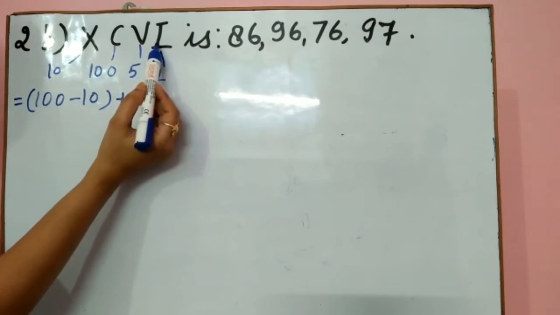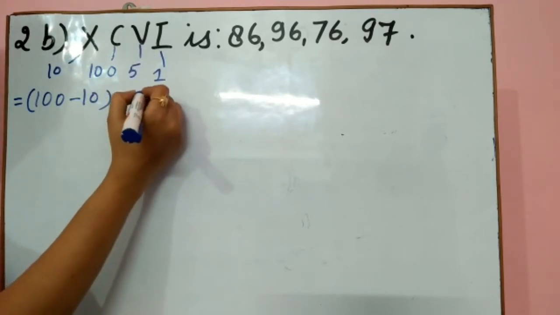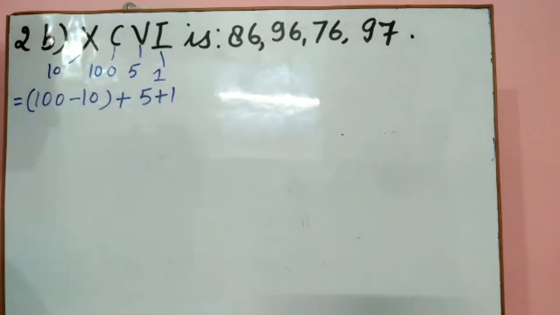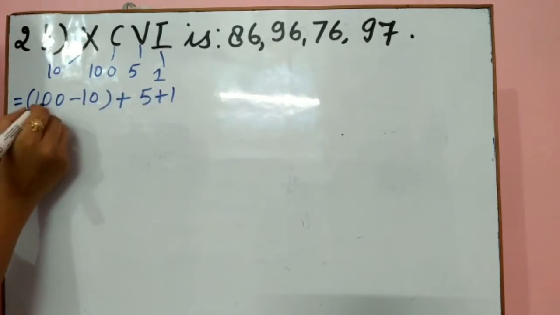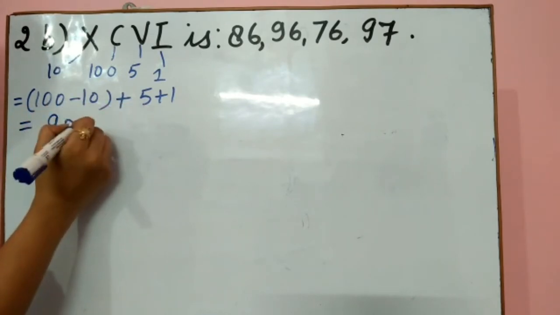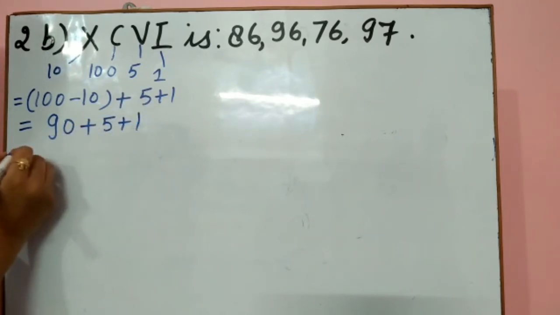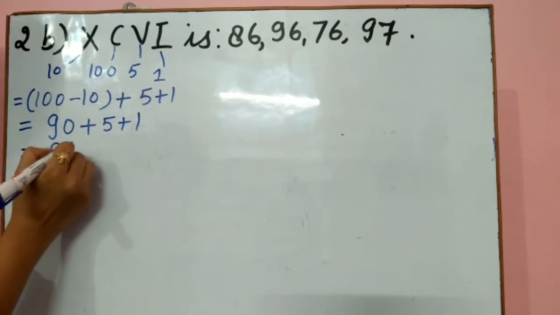A letter of smaller value is written to the right of a letter of greater value. That's why we will add according to the rule. 100 minus 10 is 90, plus 5 plus 1 is equal to 96.